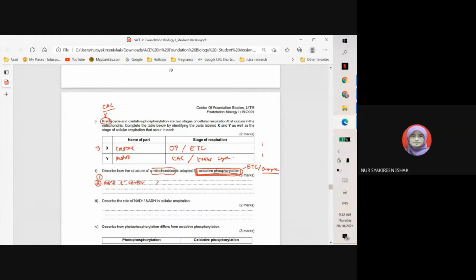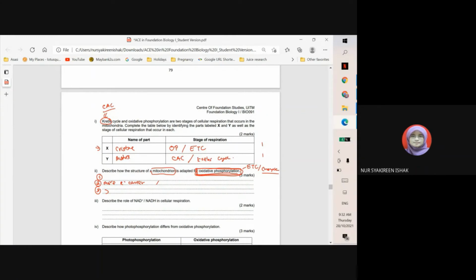So apa signifikan dia? Supaya, number 3, to produce more ATP during cellular respiration or to increase the productivity of cellular respiration.